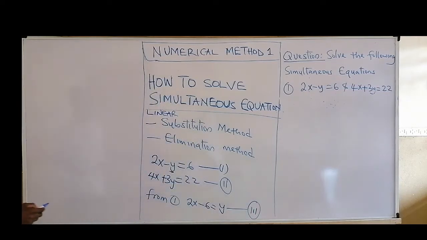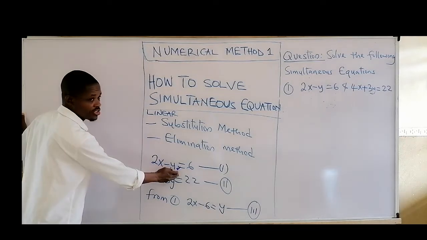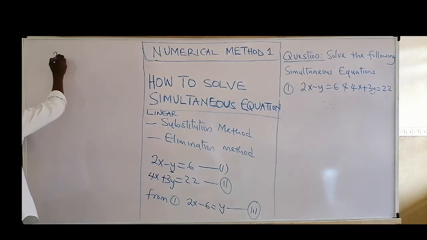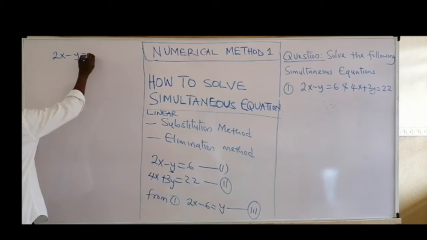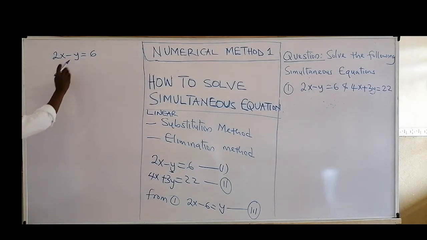I'll repeat that again. What we did here is to make y the subject. When you have something like this, it's better to go to the equation where the coefficient of one of the variables is 1, either plus 1 or minus 1, and work on that equation.